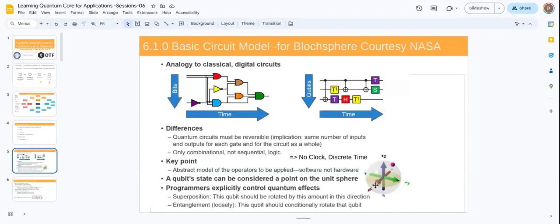You can also have the y basis, but it is generally not used because x and y form a surface plane. Therefore, we don't really use it. It's either the standard basis, ket 0, ket 1, or Hadamard, which is the plus minus basis, called ket plus and ket minus.